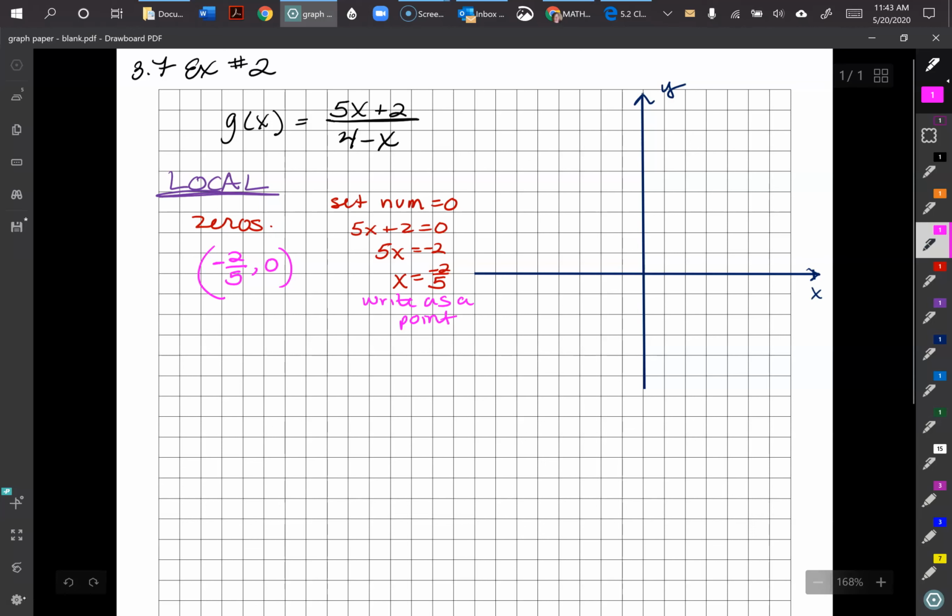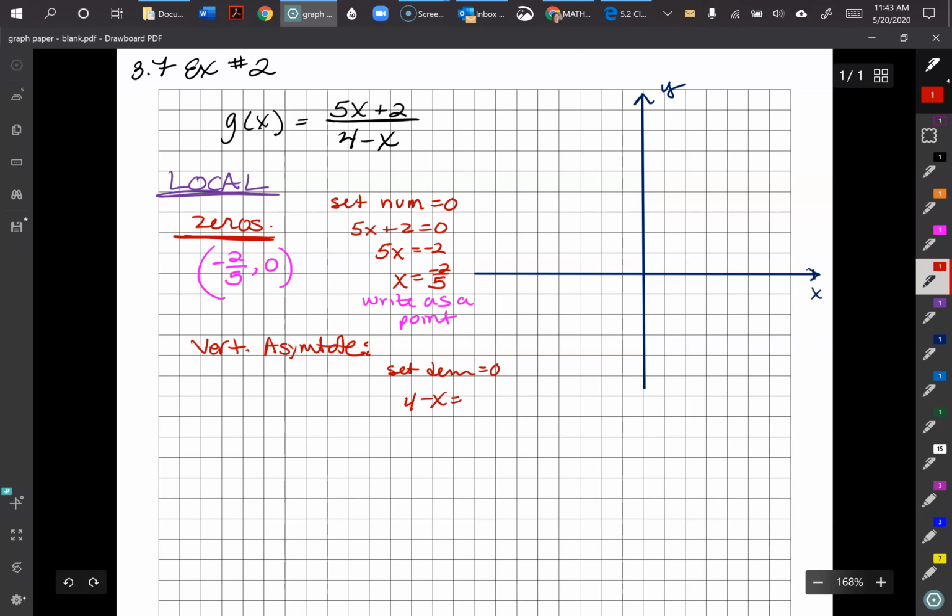Then the next thing would be our vertical asymptote. So we're seeing, is there a vertical asymptote? We're going to set the denominator equal to 0. So in this case we have 4 minus x equals 0.